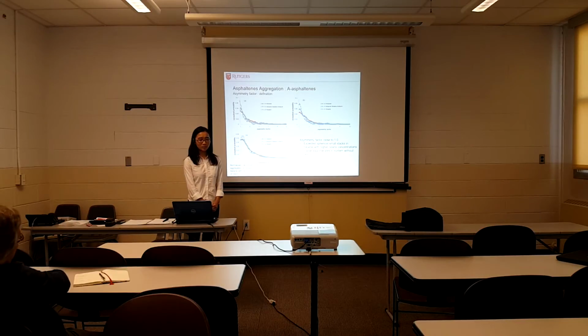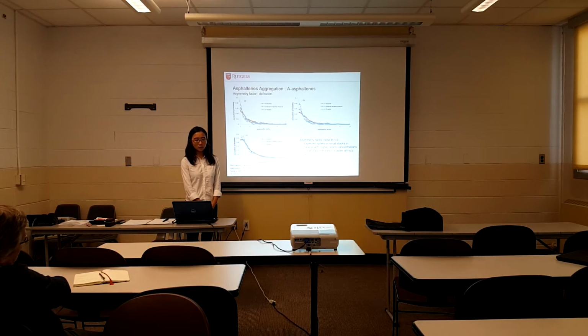So we also tried to learn the shape of the aggregates. Here we use the asymmetry factor distributions. Asymmetry factor is defined as the ratio of the radius of gyration of an aggregate to the imaginary radius of gyration of a spherical shape that has the same number of beads.